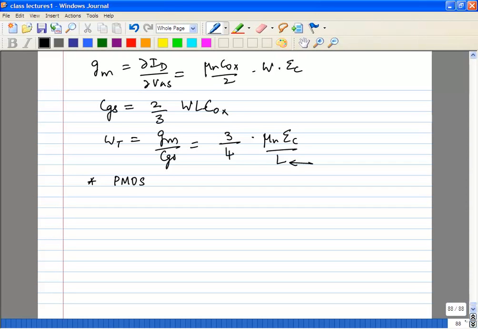So the EC, or ESAT as it is sometimes called, is much higher for a PMOS because holes are the charge carriers. It shows velocity saturation at higher fields.